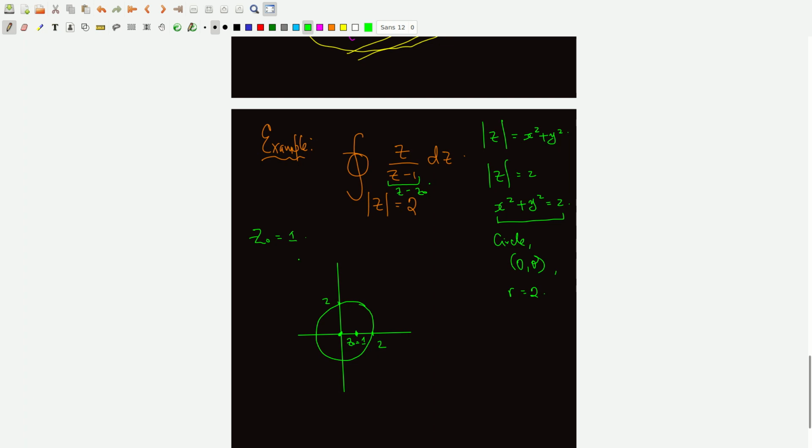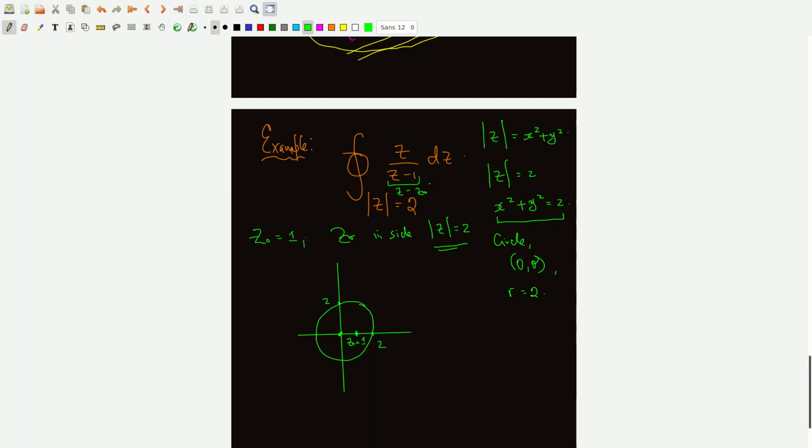That singular point z naught equals 1 is inside our path, the circle given by the modulus of z equals 2, of radius 2.